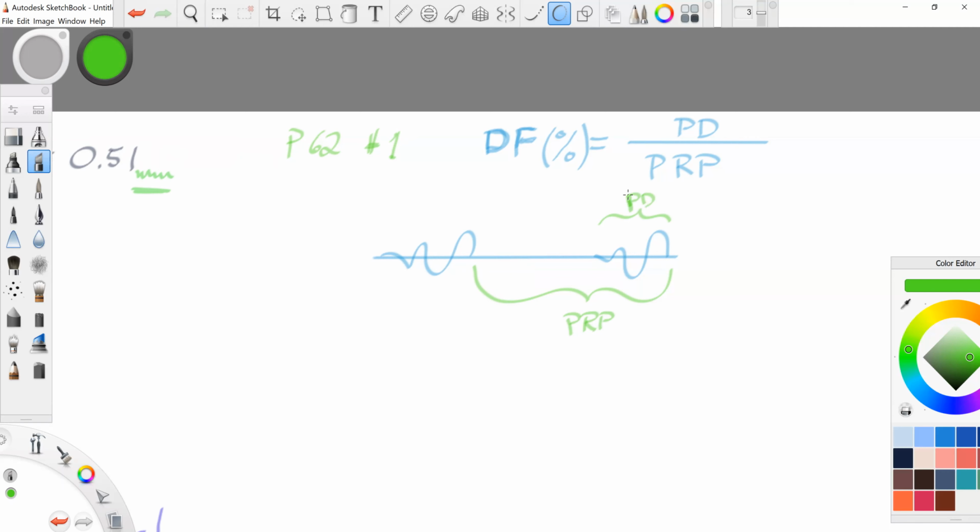By the way, what if I asked you to find the duty factor and I gave you the pulse repetition period, but I didn't give you the pulse duration? Instead, I gave you the number of cycles and the period. Could you still find duty factor?